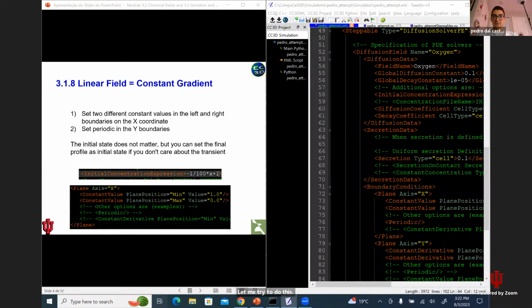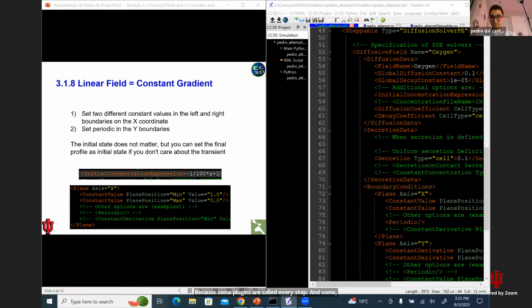What is the difference between a plugin and a steppable? The difference is the implementation, how it's implemented within the CompuCell structure. I cannot explain it to you in terms of purpose, because some plugins are called every step, and some steppables are called only at the start.